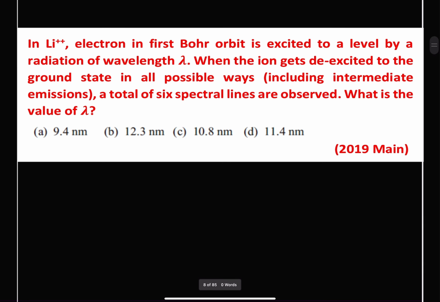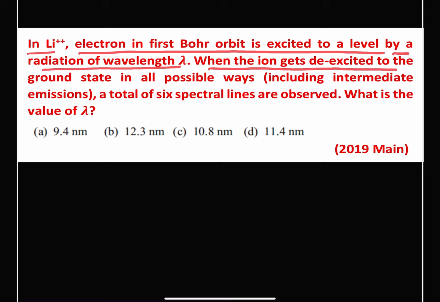Next question. It states that in lithium 2 positive, electron in the first Bohr orbit is excited to a level by radiation of wavelength lambda. When the ion gets de-excited to the ground state in all possible ways, including intermediate emissions, a total of 6 spectral lines are observed.